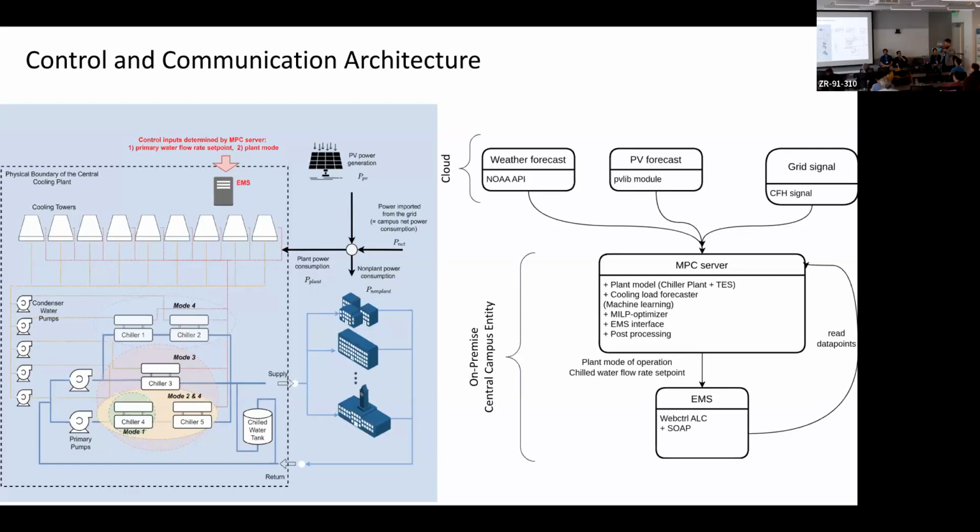Using that information, and based on some models built in, the optimizer tries to find the best way to minimize, in our case, utility cost, including the peak demand charge, which is very significant in our campus case. The left-hand side shows a little more detail of the HVAC plant configuration.